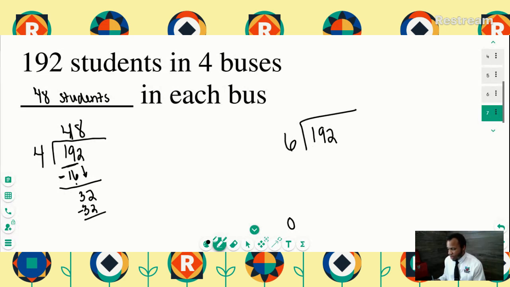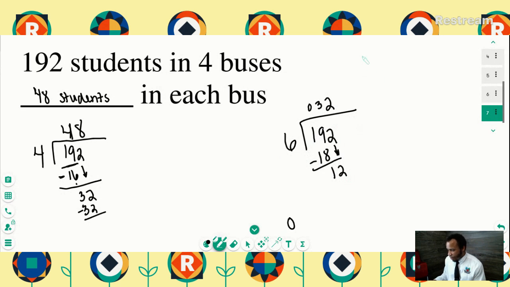We will actually go through the same process. So 6 goes into 1, none, but 6 can go into 19 3 times. 6 times 3 gives us 18, and 19 minus 18 gives us 1. We bring down this 2, and we have 6 going into 12 2 times.